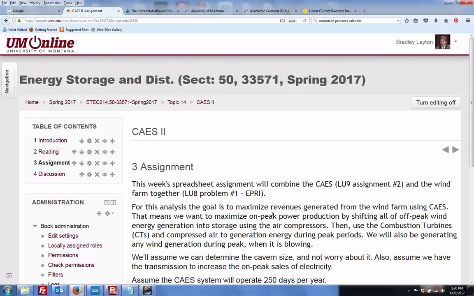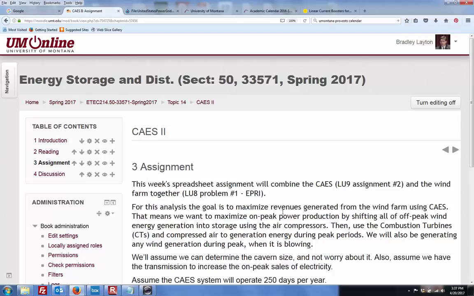That means we want to maximize on-peak power production by shifting all of the off-peak wind into storage using air compressors. Then the combustion turbines and compressed air generate electricity during the peak periods. We will also be generating with any wind generation during peak when it's blowing.